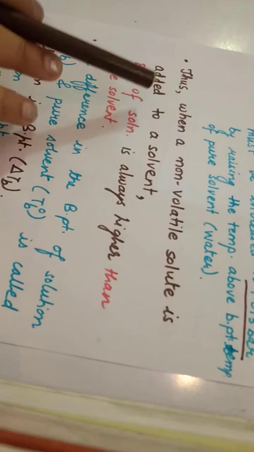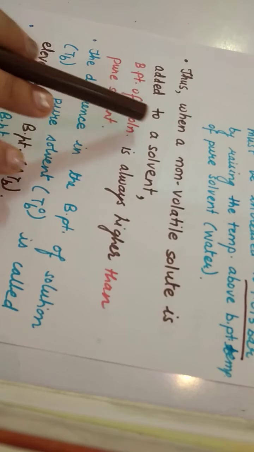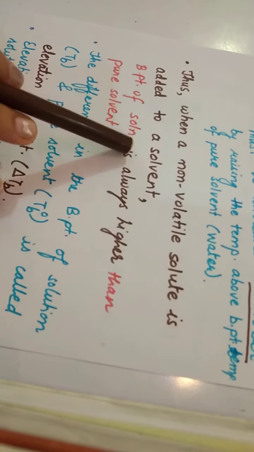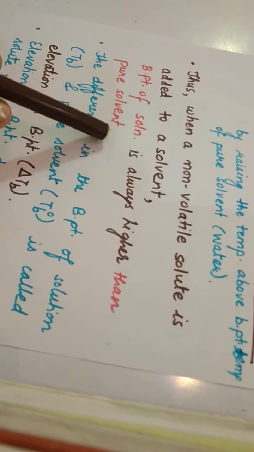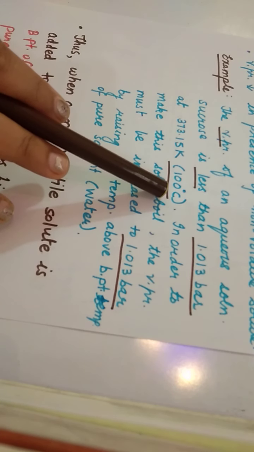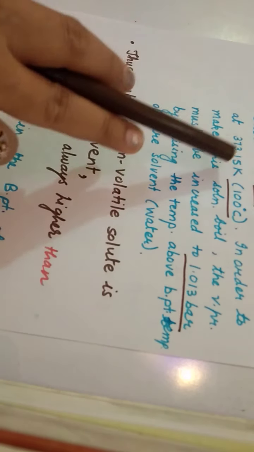So what we conclude is, when a non-volatile solute is added to a solvent, the boiling point of the solution is always higher than that of the pure solvent. Children, here the boiling point of the pure solvent water is 100 degrees Celsius. But to boil the solution having this non-volatile solute, the boiling point will always be higher than 100 degrees Celsius.